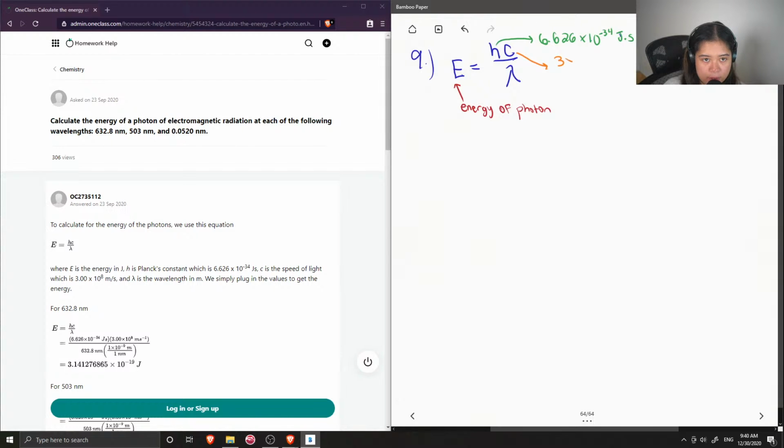So this is also a constant, 3 times 10 to the 8 meters per second. And then for lambda, this is our wavelength.